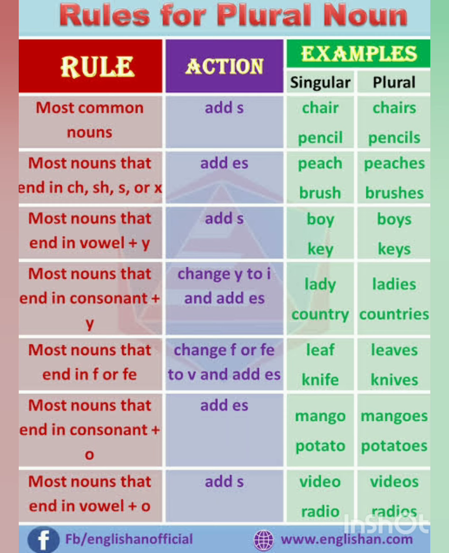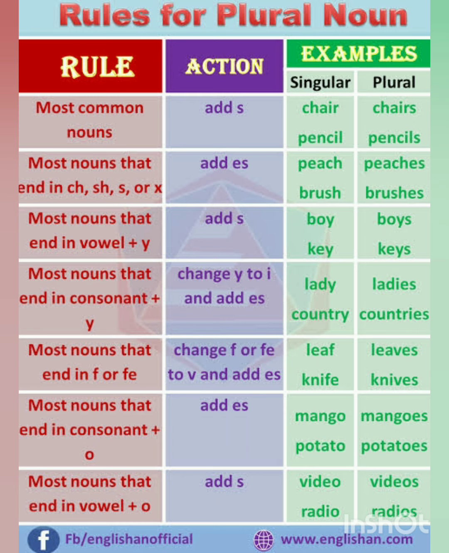The next way to make a singular noun a plural noun is to add s at the end. If the noun ends in the letter y and before that there is a vowel letter, then we add s. For example, boy and key. These words end in the letter y and before that there is a vowel letter, o and e.